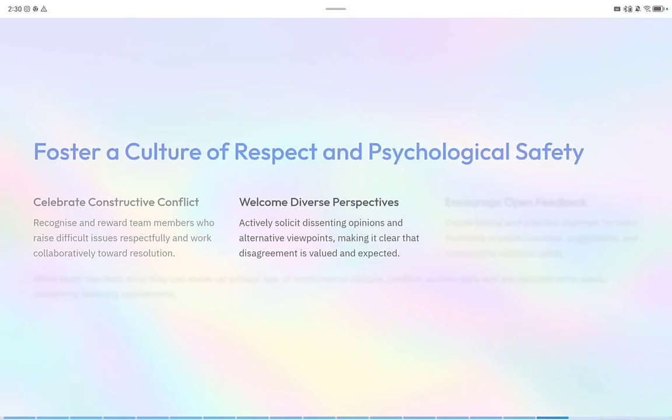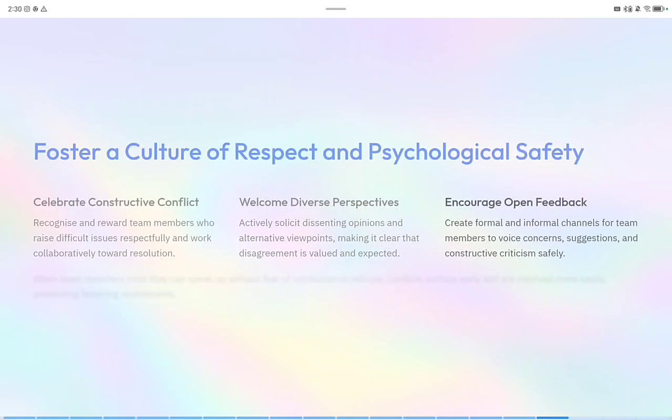Welcome diverse perspectives. Actively solicit opinions and alternative viewpoints, making it clear that disagreement is valued and expected, and you respect people who bring in such disagreements in a respectful manner, right? Encourage open feedback.